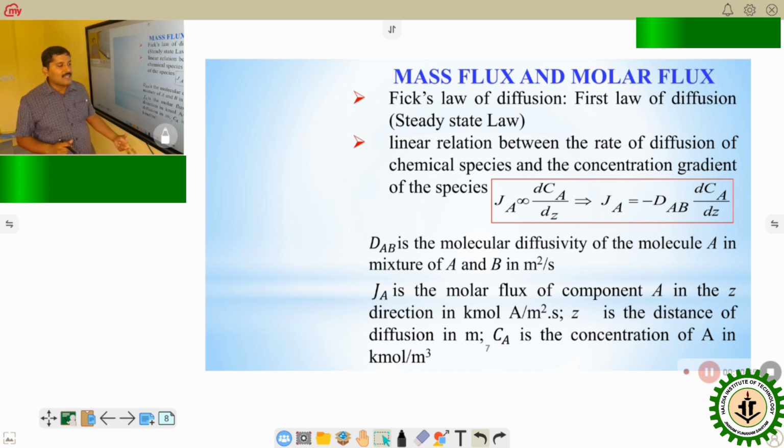Okay, and Z is nothing but the distance of the diffusion path, and C_A is the concentration of A in kilomole per meter cube, that is the concentration unit. Then we get our Fick's law of diffusion or basic equation for mass transfer: J equal to minus D_AB dC_A by dZ.